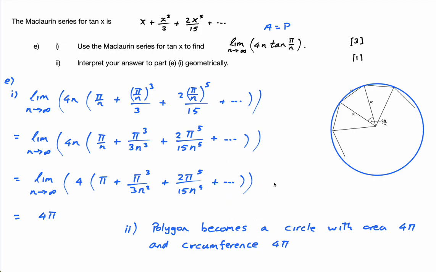Now really you should get full marks for this, but in the mark scheme, this is why I said 2 there, it actually mentions the radius, so let's mention that as well.